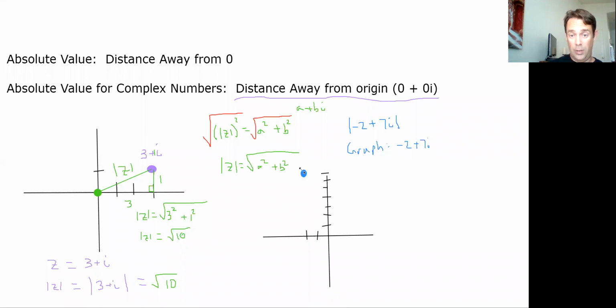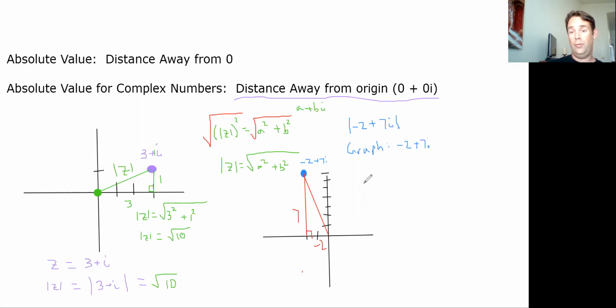So this point right here is the point -2 plus 7i. What I'm asking you then is what is the distance from the origin? So all I'm really doing here is figuring out Pythagorean theorem.